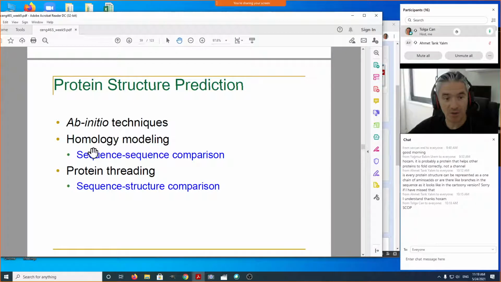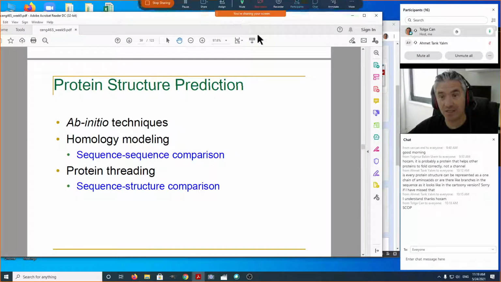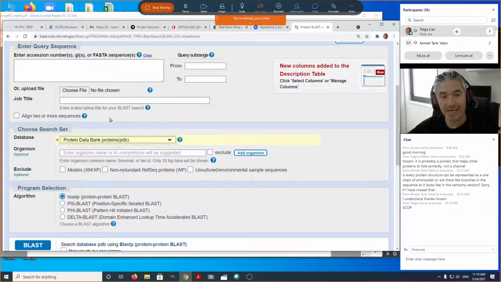So in homology modeling, we first do a sequence comparison. If at the end of this database search, if I do a BLAST against protein data bank proteins for my protein sequence, and I see that at the top I get a hit for a protein data bank protein, and I have 50 or 60% sequence similarity to that one, this is a really good starting point.